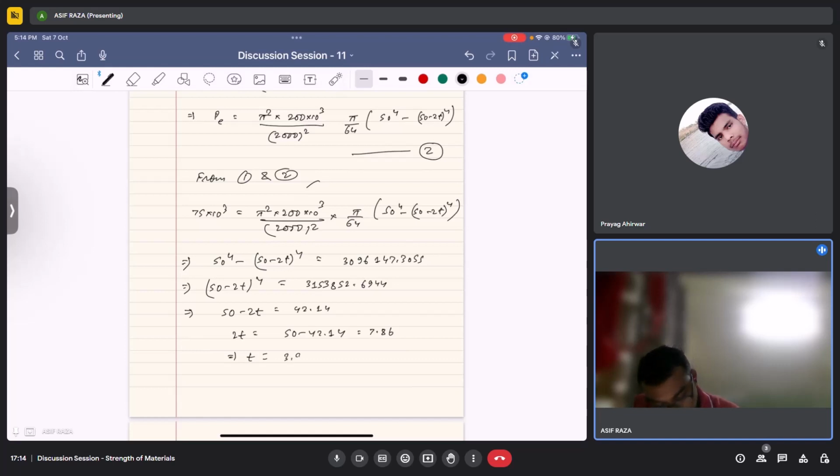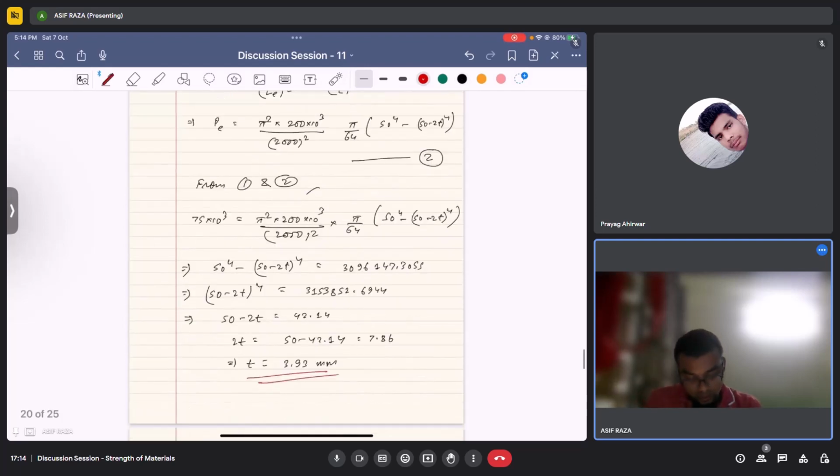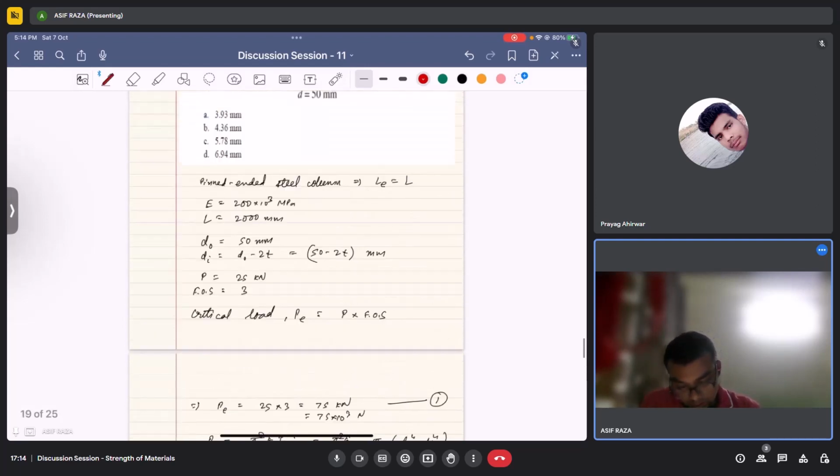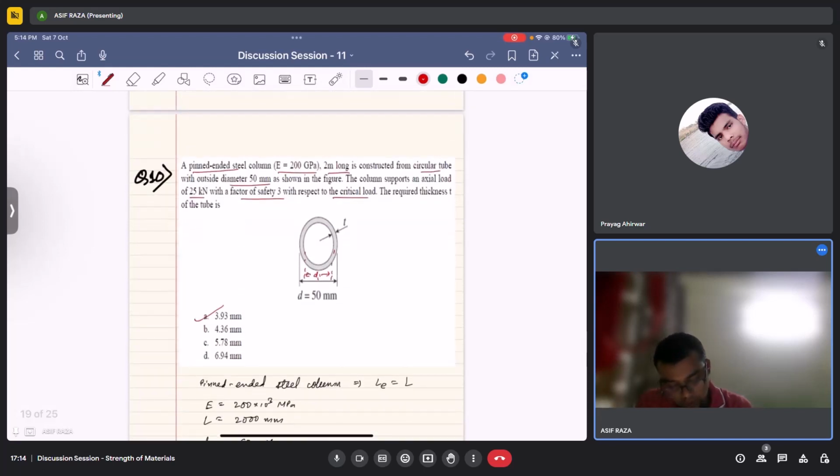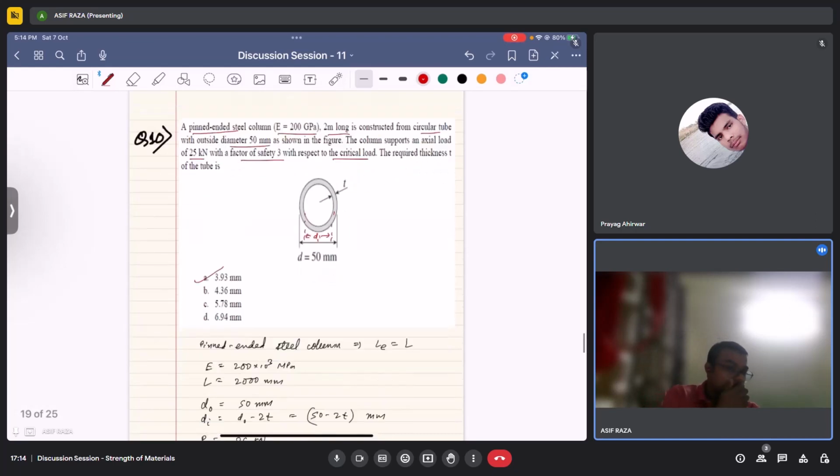This comes around 3.93 mm. So let's check all the options. 3.93 mm. Yeah, so the answer is option A, 3.93 mm.